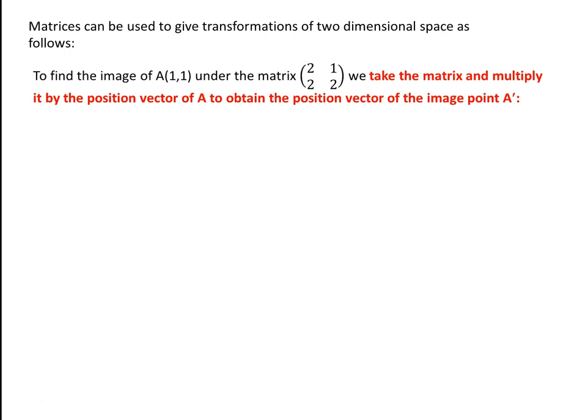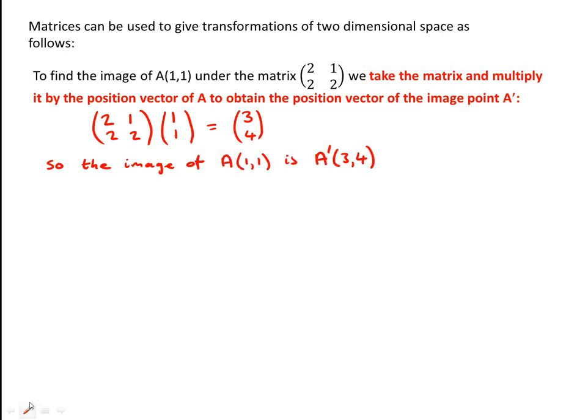So 2 times 1 plus 1 times 1 gives me 3, and 2 times 1 plus 2 times 1 gives me 4. So the point A dash is the point 3, 4.